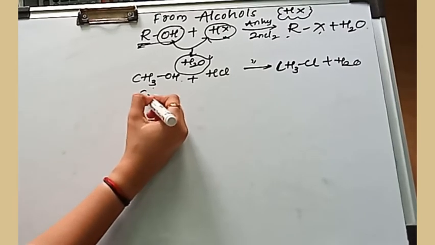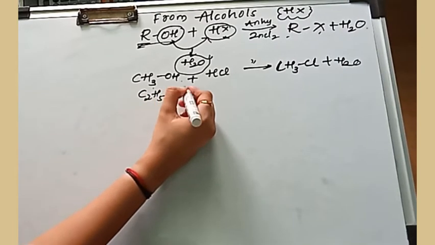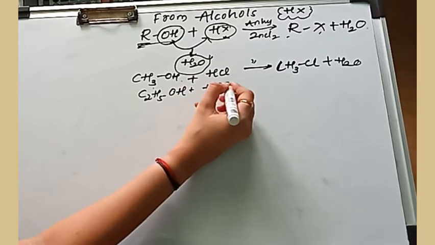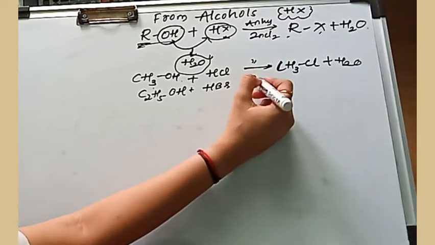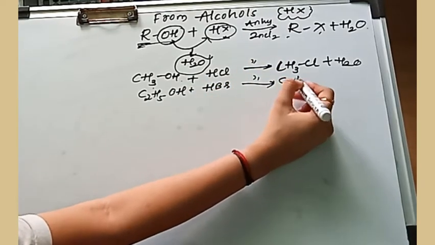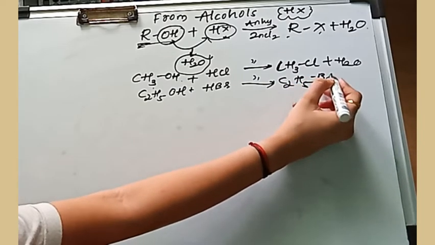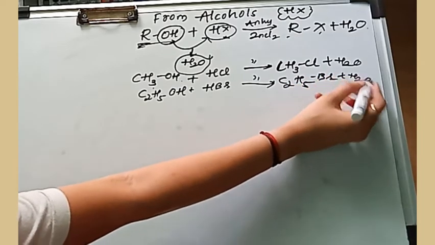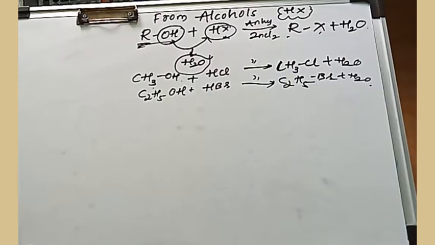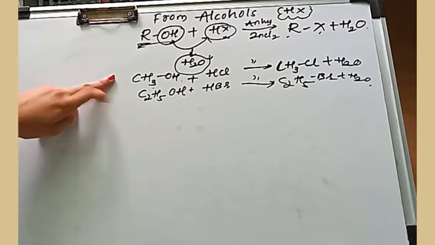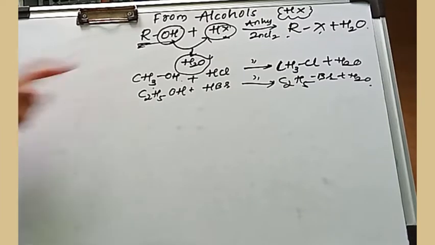Or you can also take the example of ethanol, when it is reacting with HBr in presence of anhydrous zinc chloride, you are going to get ethyl bromide plus water. You can prepare any haloalkane by using different alkyl groups here, CH3, C2H5.